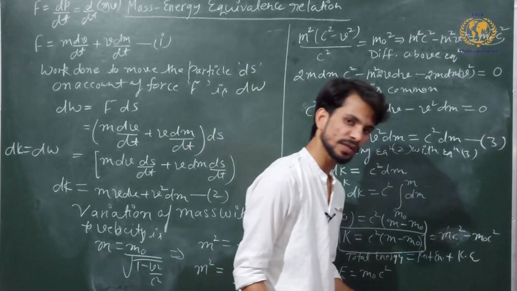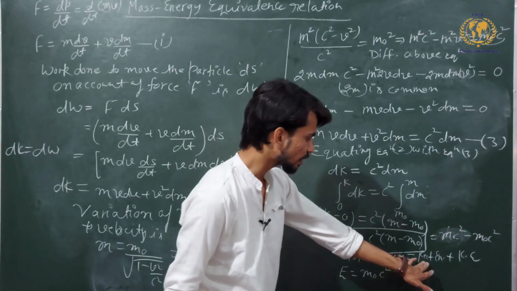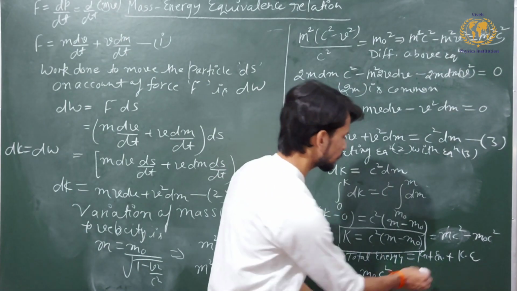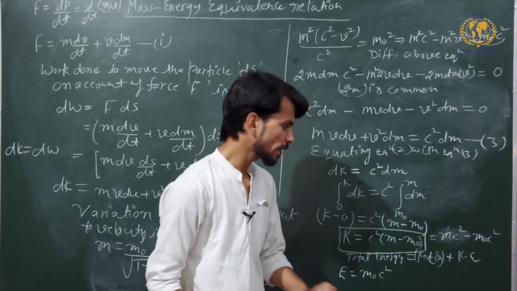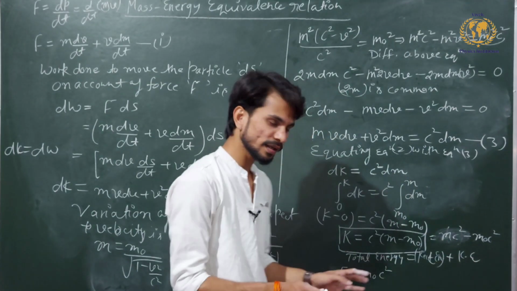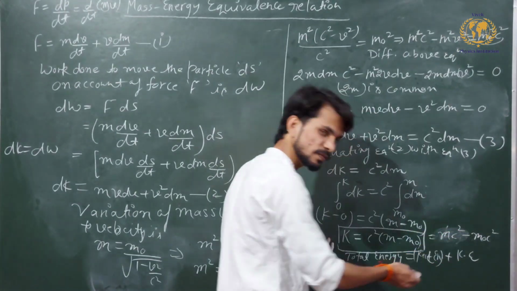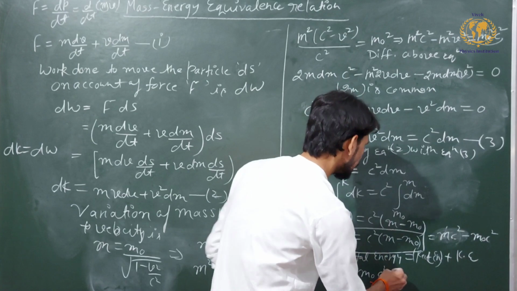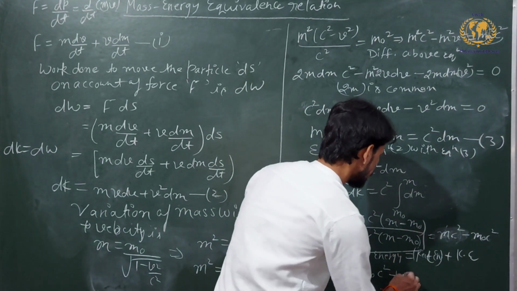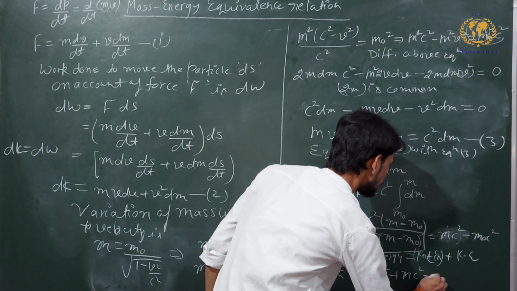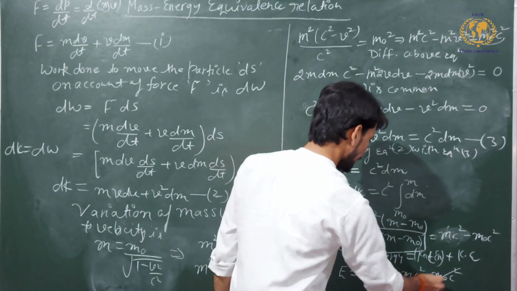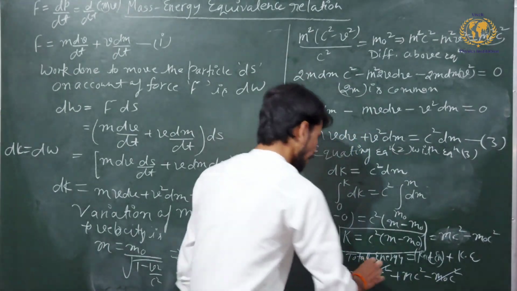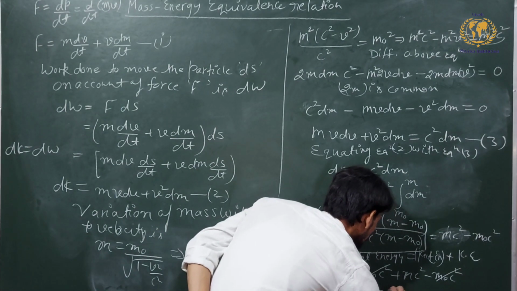In the same consideration, I have taken the rest energy of the particle, which is simply m naught c square, and the kinetic energy of the particle is simply this complete factor. And this is nothing but plus kinetic energy, mc square minus m naught c square. Mathematically these two factors are cancelled out.